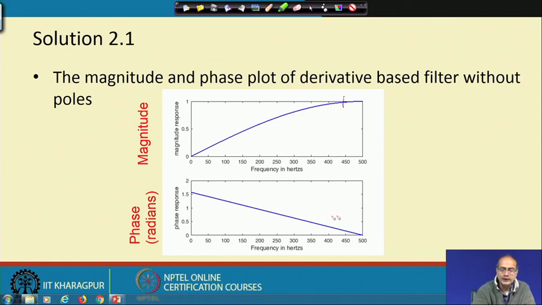If you look at the phase plot, it has a linear phase. The phase is linear and it has a drooping characteristic. With frequency we see the magnitude is increasing. So, it is a high pass filter with linear phase.